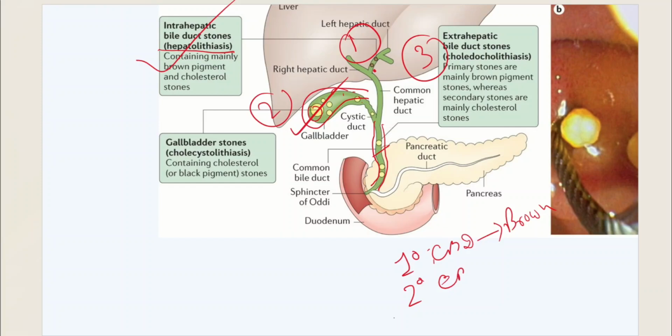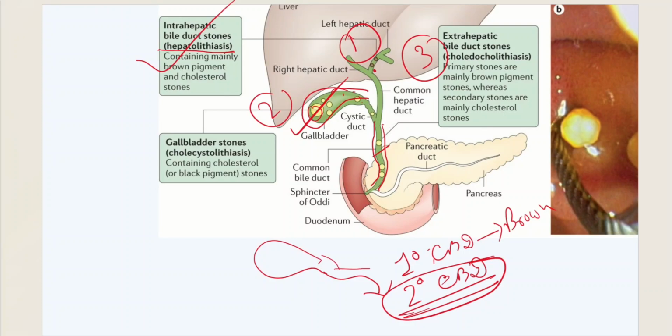Whereas secondary CBD stones, that means they did not originate in the CBD but have come from the gallbladder to the CBD, are usually cholesterol stones, and primary are brown stones.